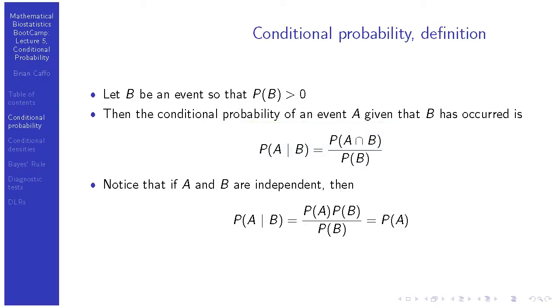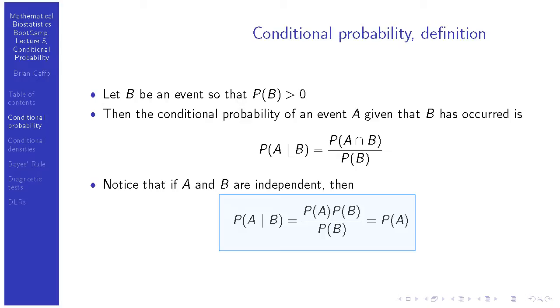Now, notice if A and B are independent, then for the probability of A given B, the numerator component, the intersection, A intersect B, factors into the product of the two probabilities, probability of A times the probability of B. The probability of B cancels out in the numerator and denominator, and you're left with the probability of A. So this actually makes a lot of sense: if the events A and B are independent, then the probability of A, given that B has occurred, is simply the probability of A without knowledge of whether or not B has occurred.